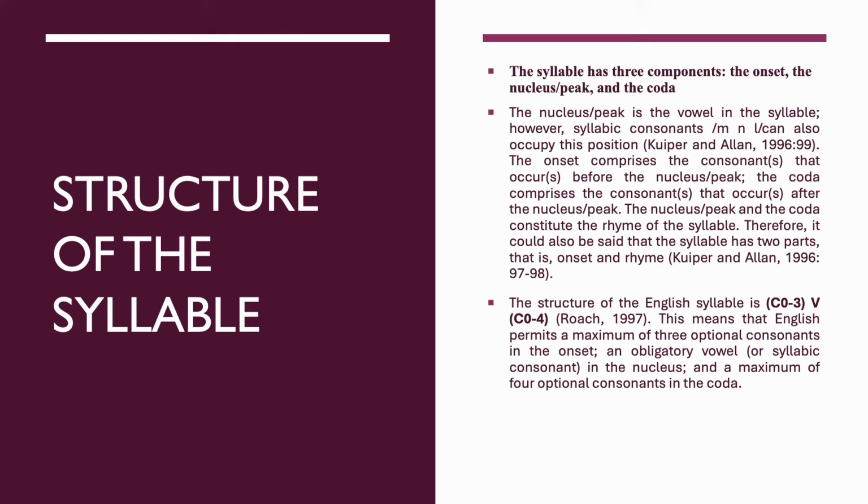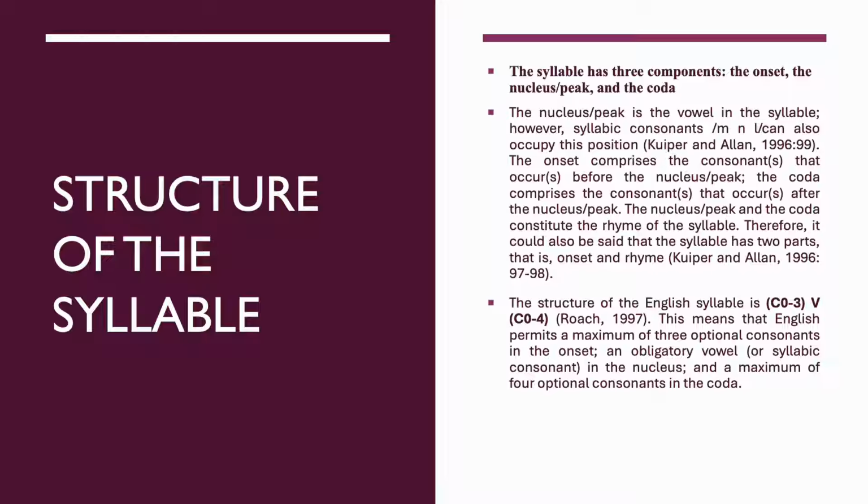Now, the syllable has three components. You have the onset, you have the nucleus or the peak, and you have the coda. The nucleus or peak is the vowel sound in the syllable. However, syllabic consonants can also occupy this position.